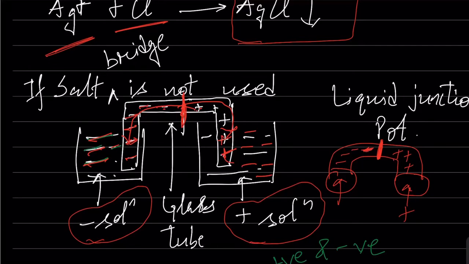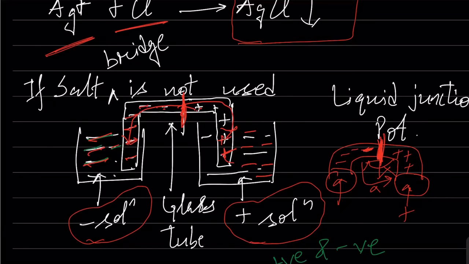From this junction, positive cannot go there and negative cannot go in reverse, because positive and negative will neutralize each other. They will combine, isn't it? So the charge reaching up will come to the middle part of the glass tube.